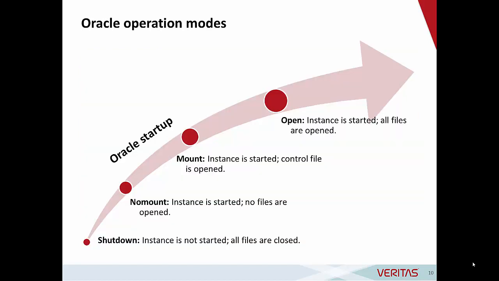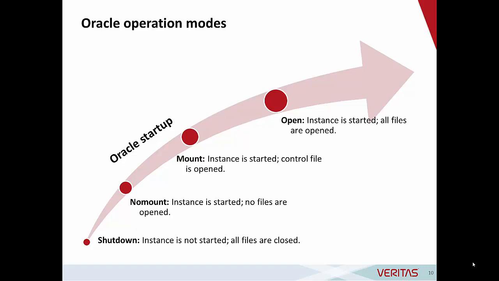This slide shows different modes of Oracle operation. In the shutdown mode, the database instance is not started, all files are closed. Basically, Oracle's completely offline. This is the state I would have it in if I was taking a completely cold point-in-time backup. The no mount state means that the database instance has started, however no files are opened.